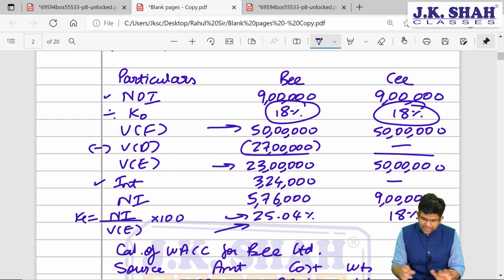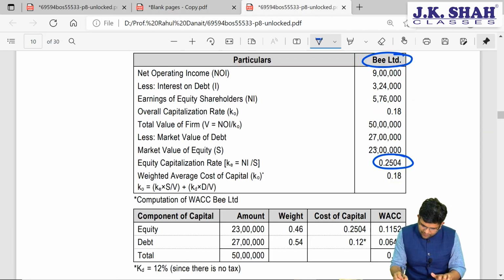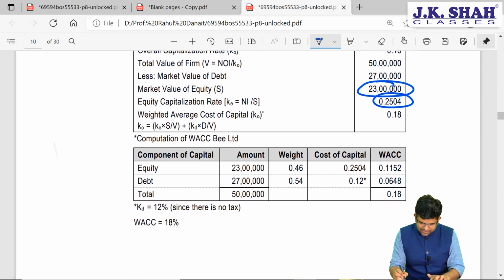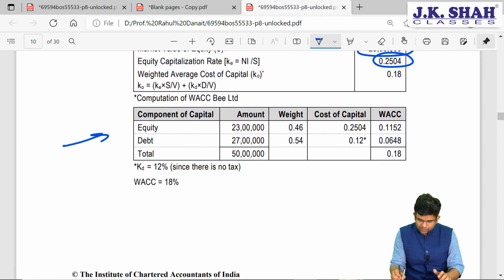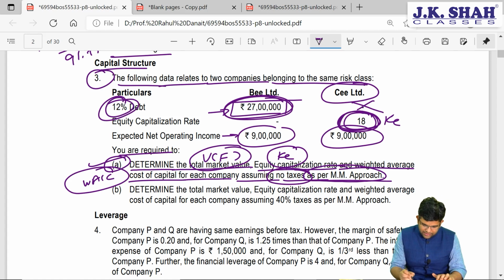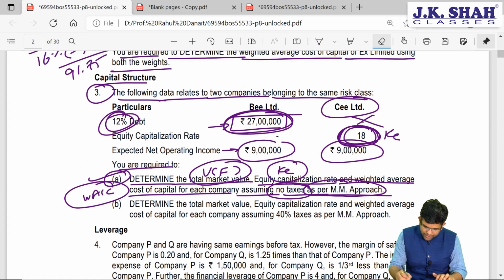Value of firm was 50 lakhs, everything same. We had got value of equity as 23 lakhs, and they have also got the value of equity as 23 lakhs. Then they did the same WACC calculation, with which we got 18%. Everyone clear? Same to same calculations. Everyone done? So with that, we complete the discussion of point number A.